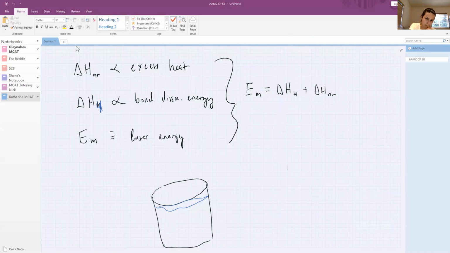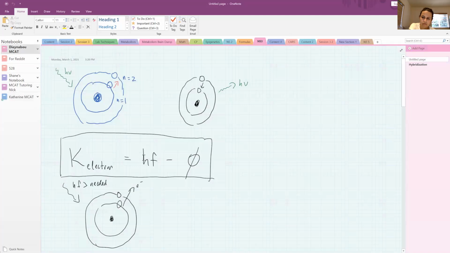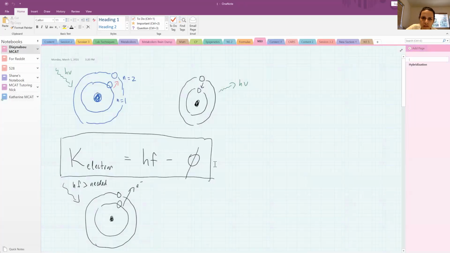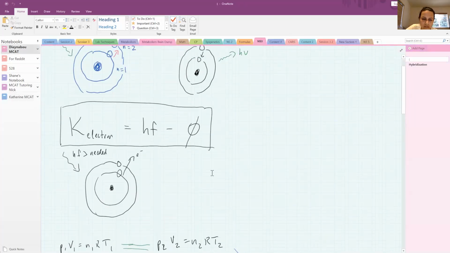And then we have HF, and so we just use this formula right here. HF will be multiplying those two values in the question.